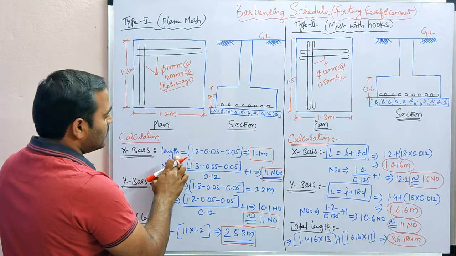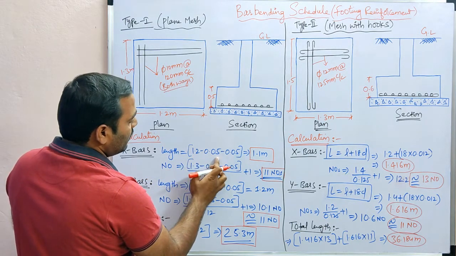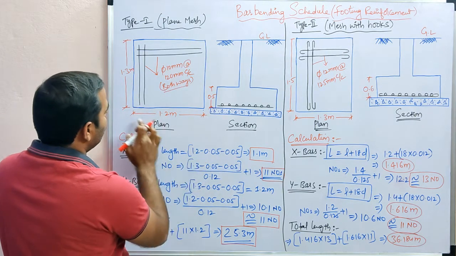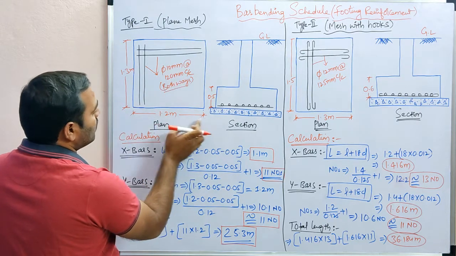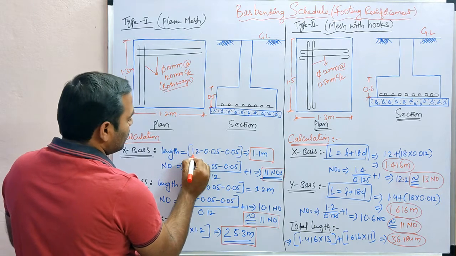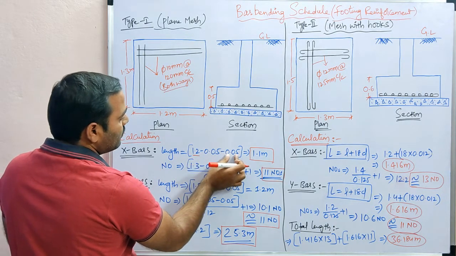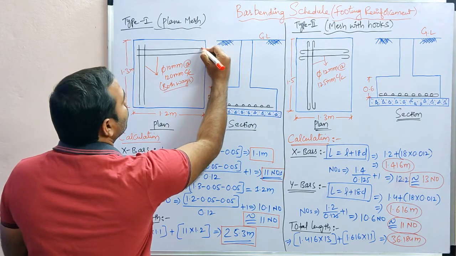For length calculation, 1.2 minus 0.05 minus 0.05. What is this? 1.2 is, as we are calculating x bars, the out to out footing dimension of 1.2 meter. And 0.05 meter and 0.05 meter is the cover provided to the footing.